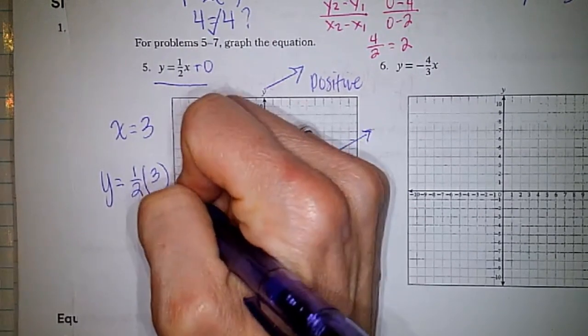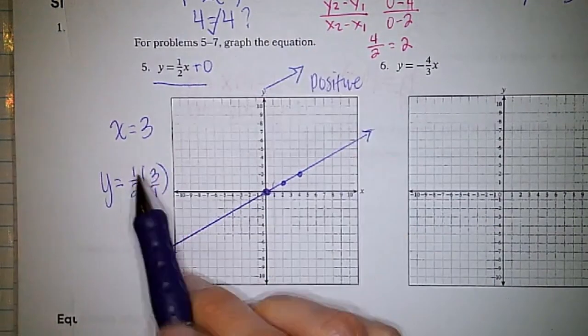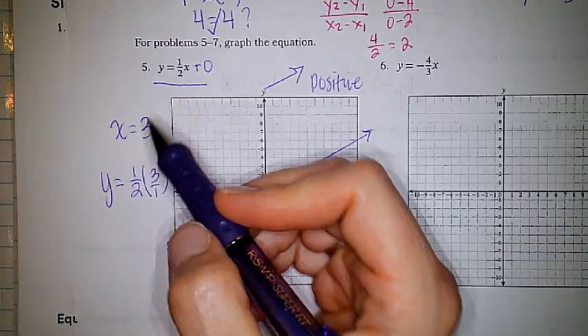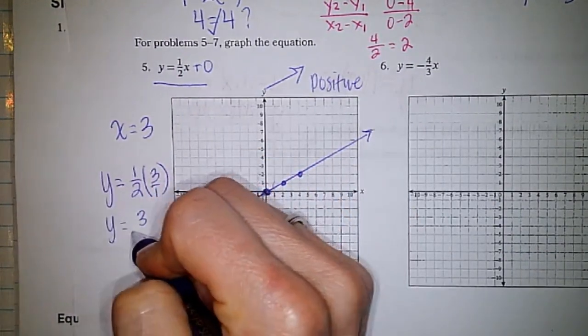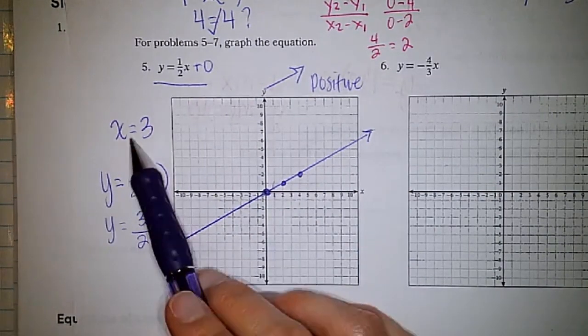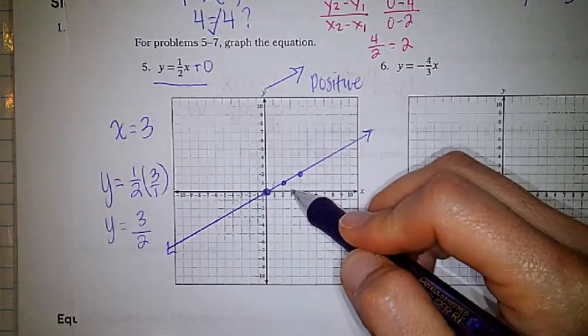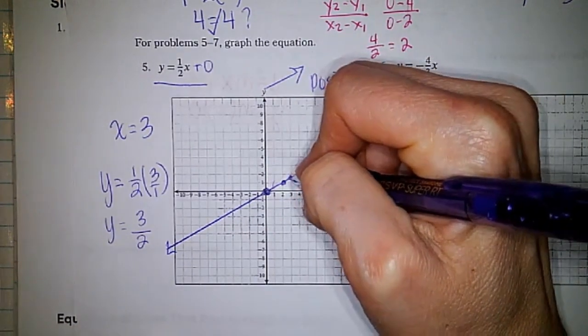Let's go ahead and multiply. 3 times 1 is 3. 2 times 1 is 2. So when x is 3, y is going to be 1/2. Is that true? Is that where it's graphed?